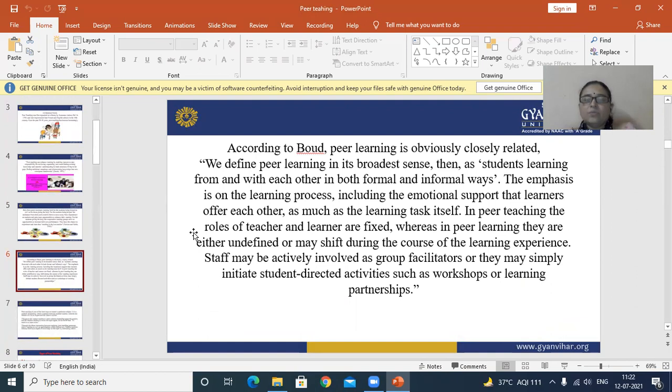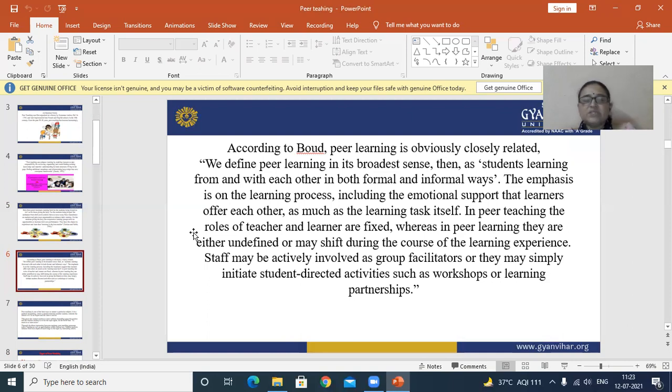According to Boud, peer learning is closely related. We define peer learning in its broader sense as students learning from and with each other in both formal and informal ways.